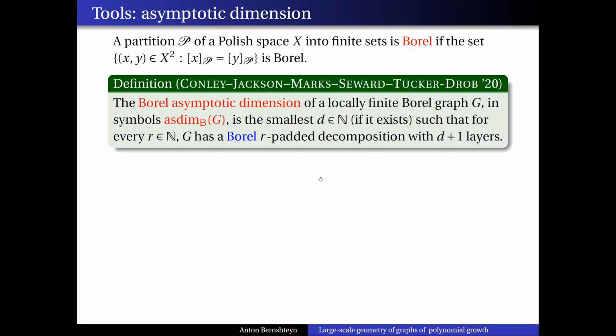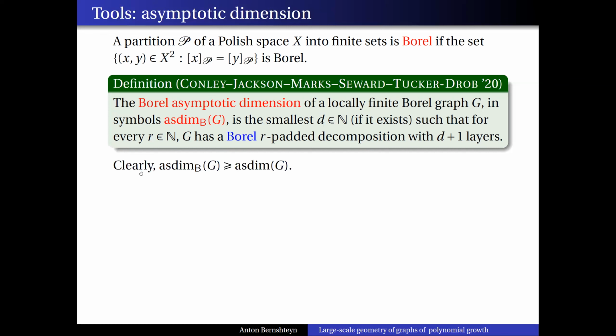The definition is exactly the same as Gromov's definition of normal asymptotic dimension, except for this one word, Borel, in front of the R-padded decomposition. So you have a locally finite Borel graph G, its Borel asymptotic dimension is the smallest d such that for every R, I can find a Borel R-padded decomposition with d plus 1 layers. Borel meaning that every partition in the decomposition is a Borel partition.